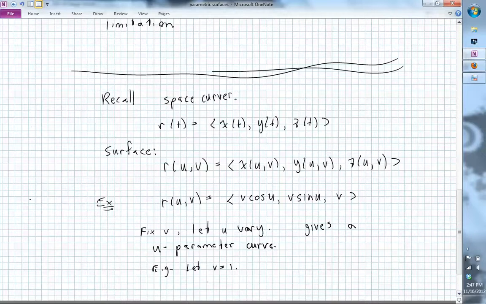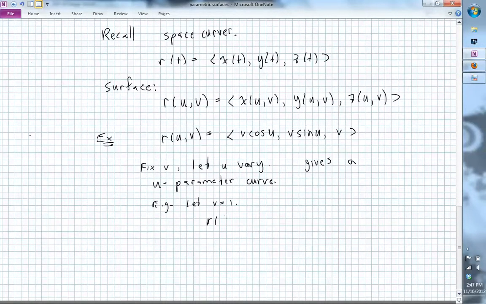Then what does R look like? Well, R of u and 1 is cosine u, sine u, 1. Well, what is that? It's a space curve, right? Because now it only has one parameter, u. So it's a space curve.